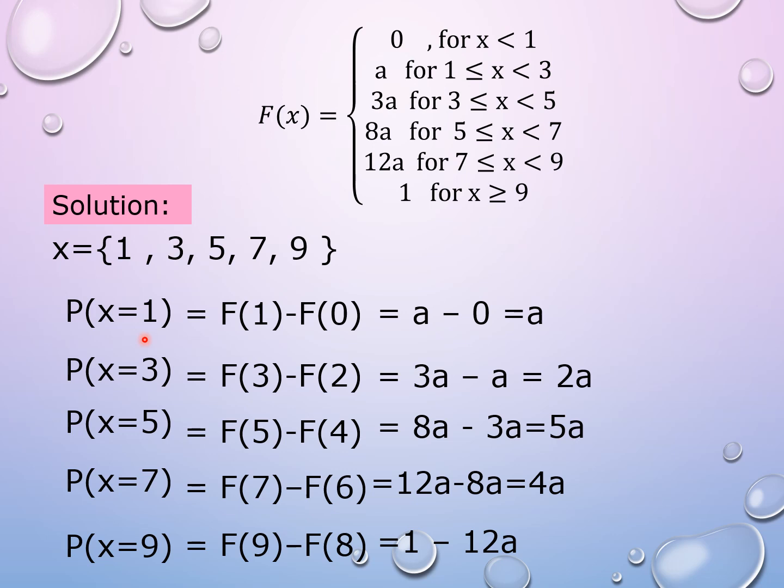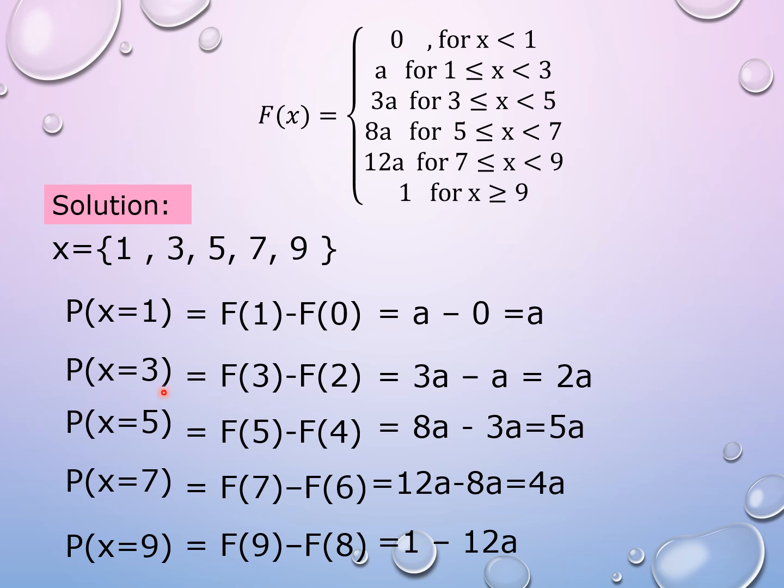Probability x equal to 1 equals F1 minus F0. So how do I get this? This is actually from the rules. From the probability you get the cumulative F1 minus F0. So F1 is here, a, and F0 is here, 0. So you get a minus 0, you get a.